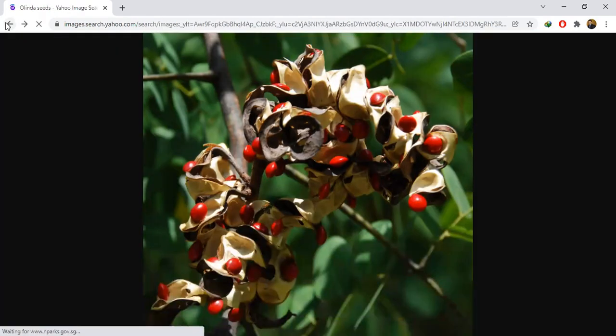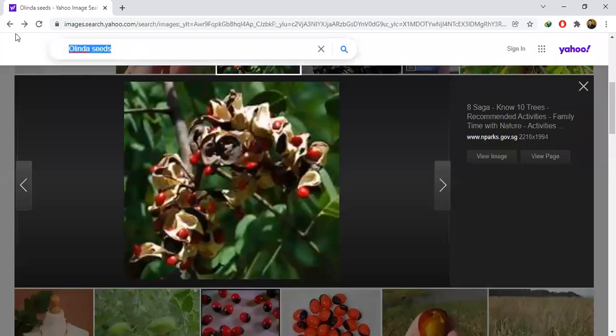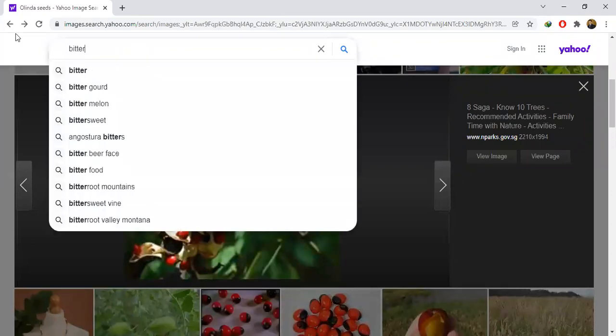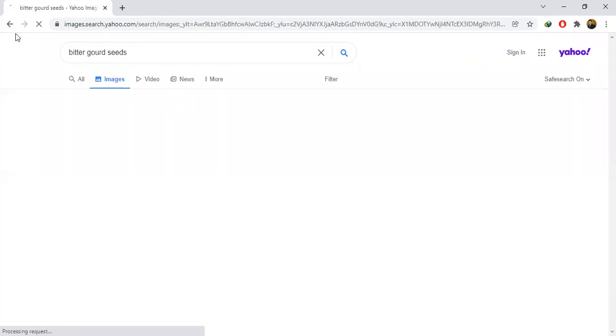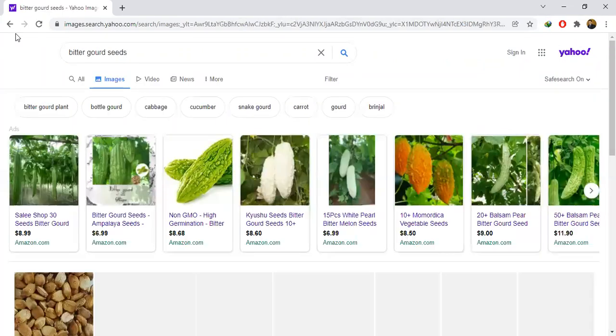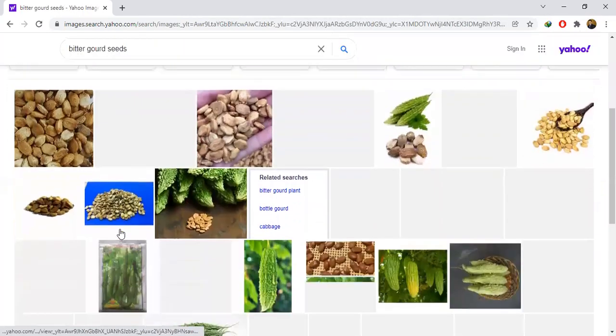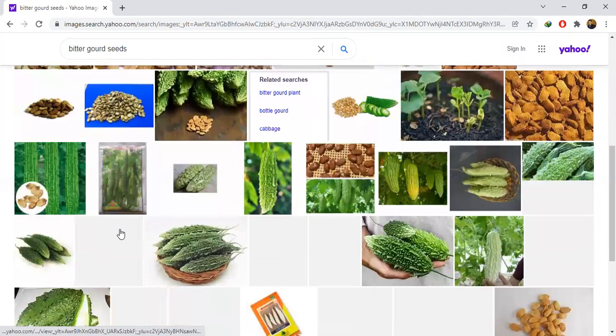And finally, once you come to this, bitter gourd seeds are there. Bitter gourd seeds also appear like small insects.